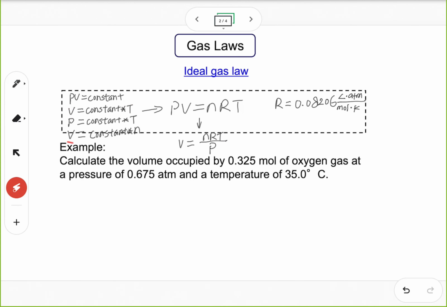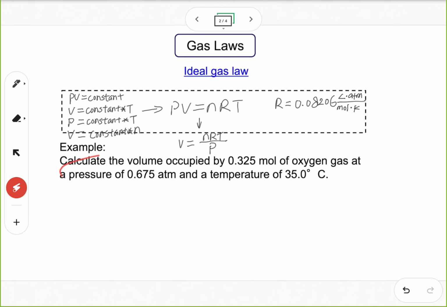If you check the other 2 laws, they can all be reflected by the ideal gas law. So this is the equation of ideal gas law. It reflects the mathematical connections among 4 items: pressure, volume, mole number, and temperature.